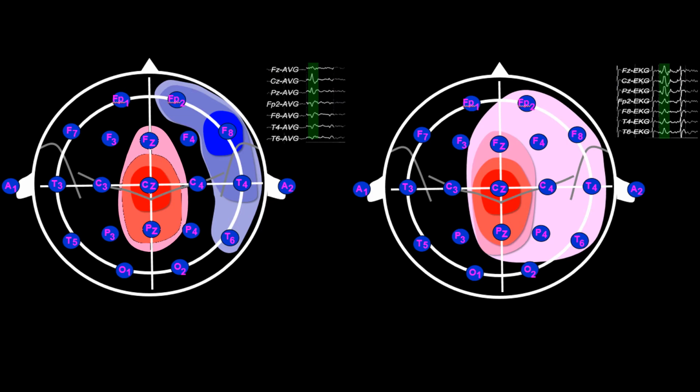Now I have placed both isopotential maps side by side so you can better appreciate their differences. This one, which would be interpreted as transverse dipole, is wrong. And this one, the one on your right, indicating a vertical dipole, is correct.